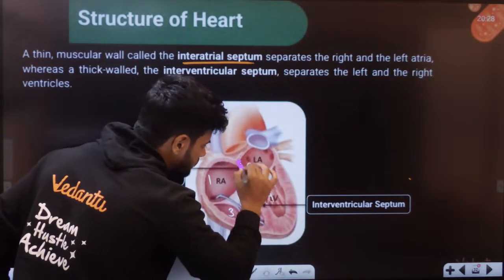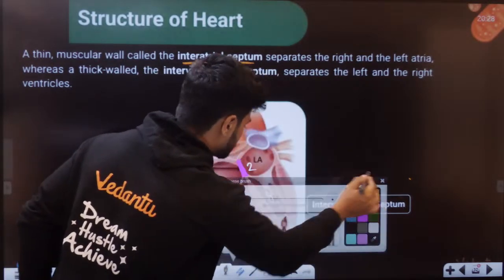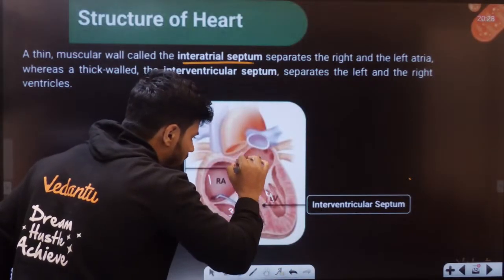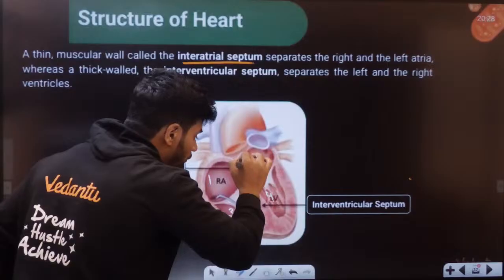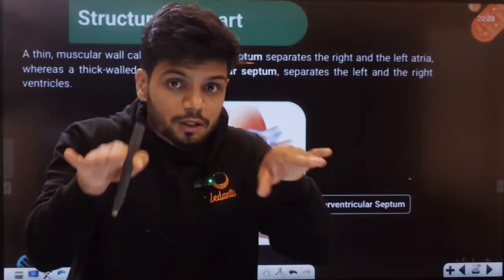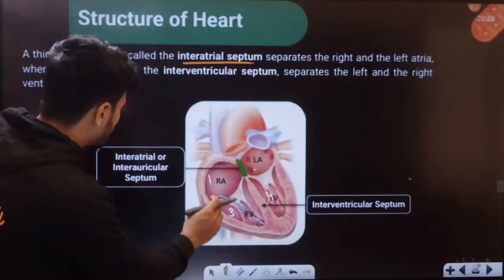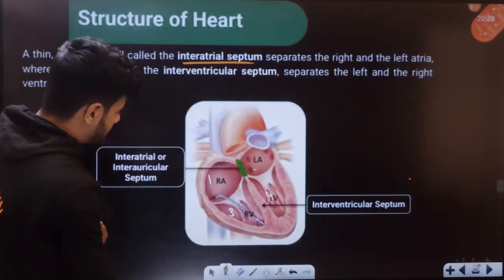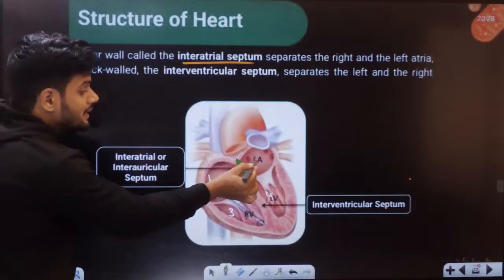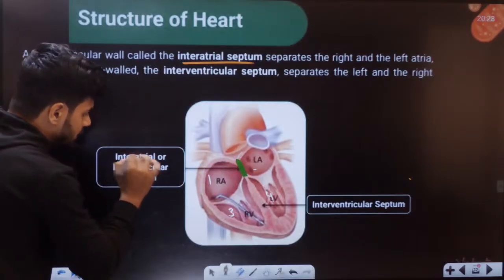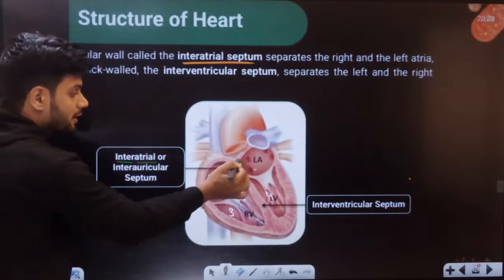We'll choose a different color. Right in the middle, there is a layer here. Now, what is the meaning of inter? The meaning of inter is between two things. So it is called the interatrial septum. Interatrial, between 2 atria.